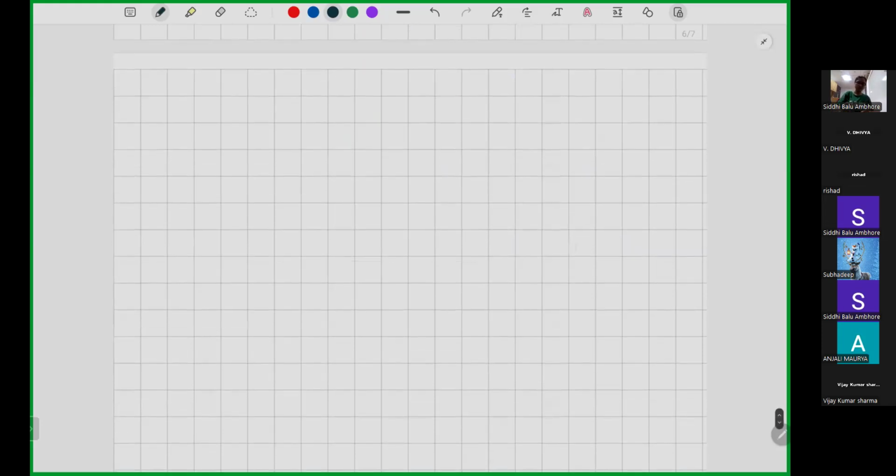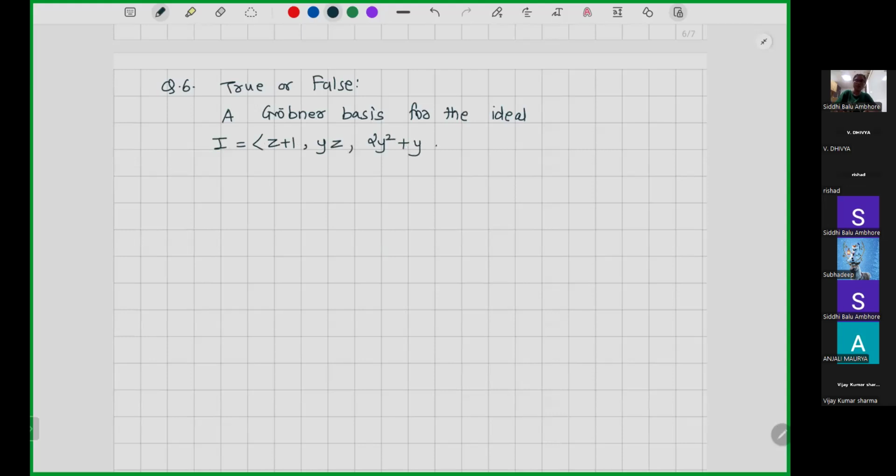Now this is question 6. Again, we have to check true or false. First, they are saying a Gröbner basis for the ideal I is equal to z plus 1, yz, 2y square plus y, 2xy plus x, xy minus y plus 2.